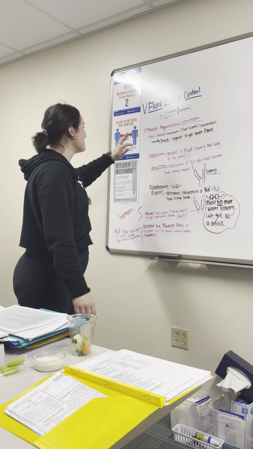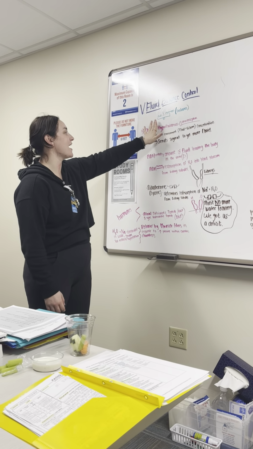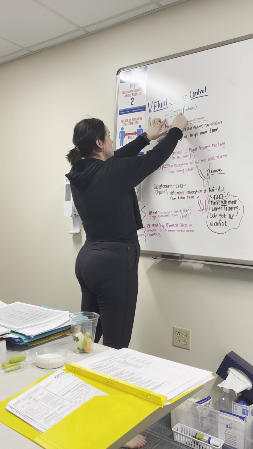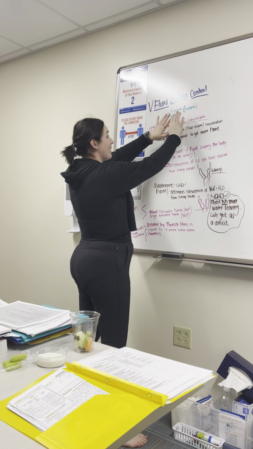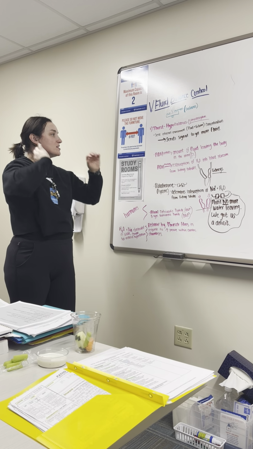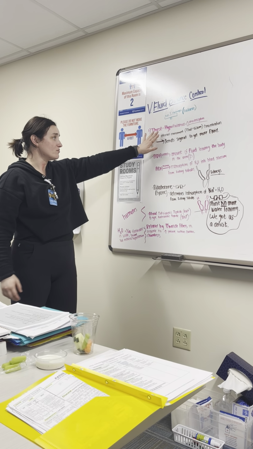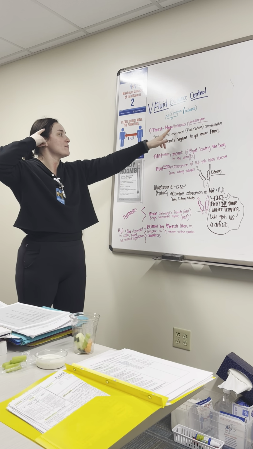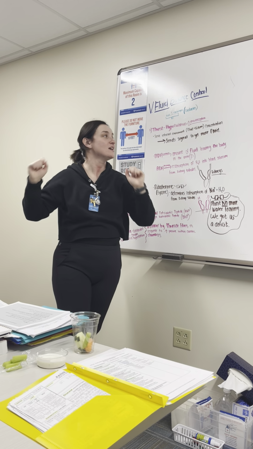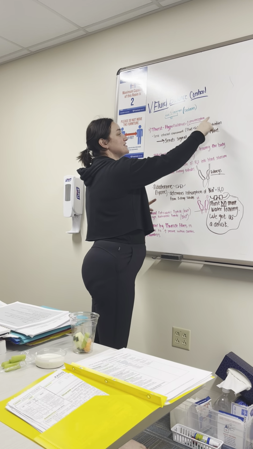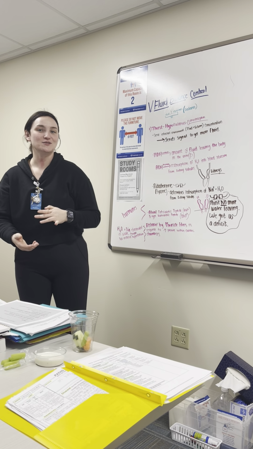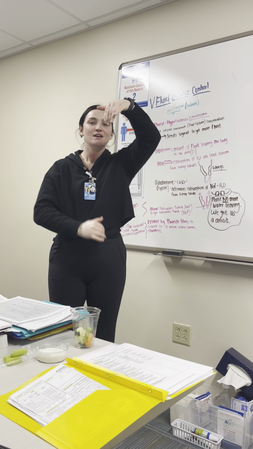Okay, cool. So here we have the water and electrolytes on a teeter-totter in balance, which is what we want. Again, our thirst sensor is up in the hypothalamus. That is the osmoreceptor, and if you think of osmosis, it's the water moving.